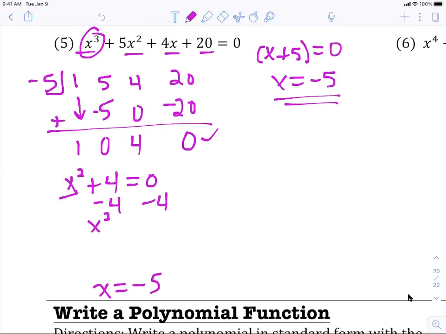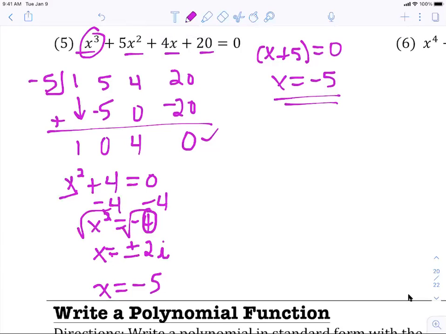I'm going to subtract 4 from both sides, and then square root both sides. It's a little weird, but remember, as soon as we square root, it's going to be plus or minus the square root of -4. Now, because we have a negative under the square root, that means i is definitely going to be part of this. And I'm also going to simplify the square root of 4 to 2.